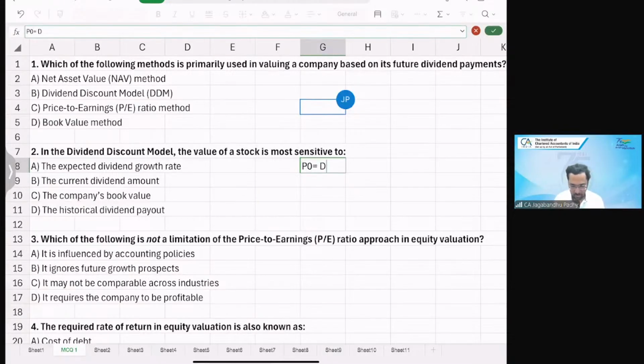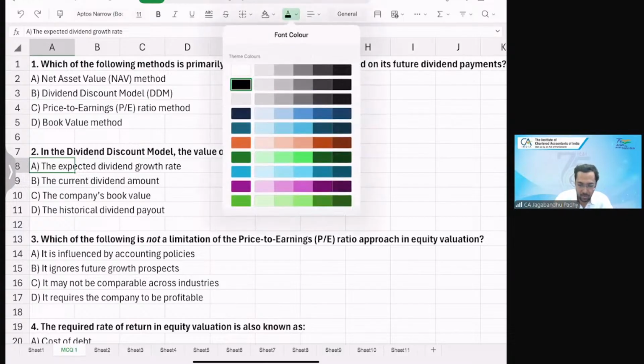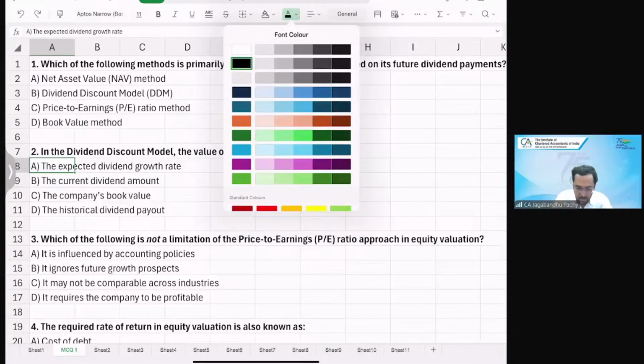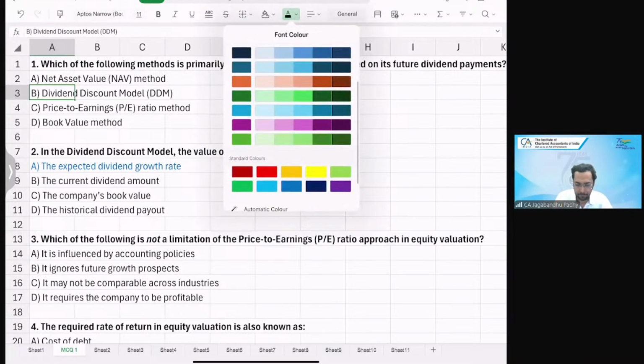Because we know P0 is D1, and D1 is nothing but D0 into 1 plus G, divided by KE minus G. So you can see G is an important number. As you change G, the numerator and denominator both get affected, and a small change in G has a drastic effect on the denominator, due to which P0 is most sensitive. So obviously the expected dividend growth rate is the most sensitive one.